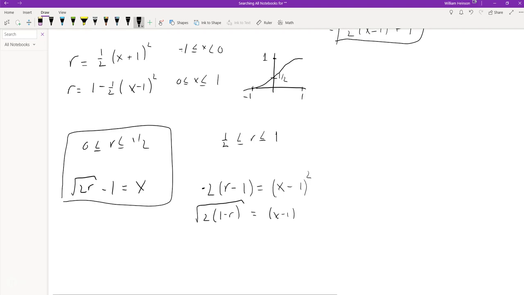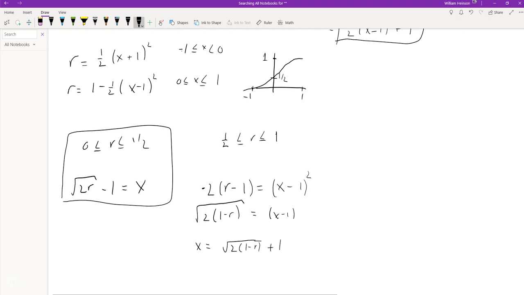Okay, and you're like, oh, so now you say x equals the square root of 2 times 1 minus R plus 1. Now, does that make sense?